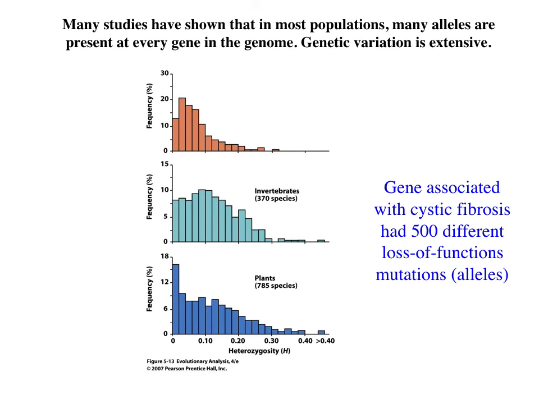We have also looked at particular genes, like the gene for cystic fibrosis, and we found that there were lots and lots of different mutations that caused cystic fibrosis. There wasn't just one mutation that caused it, but there were 500 different mutations, each of which is a different allele. And so what we're finding is that at lots of genes we have lots of different variation.